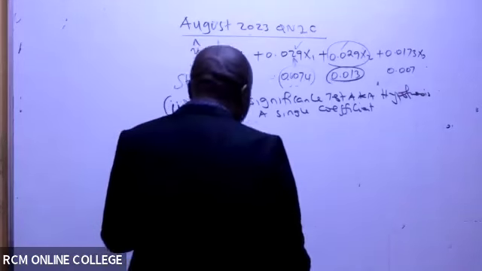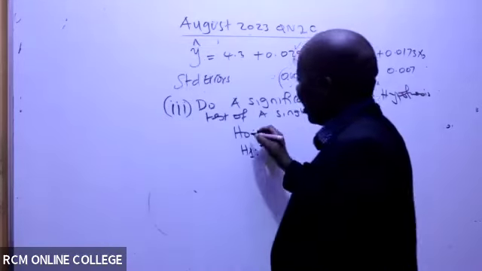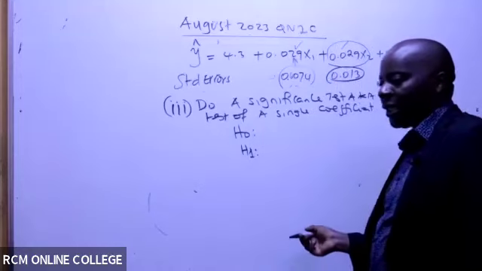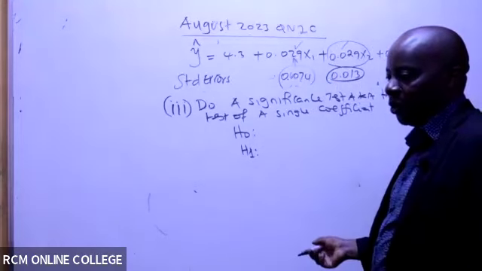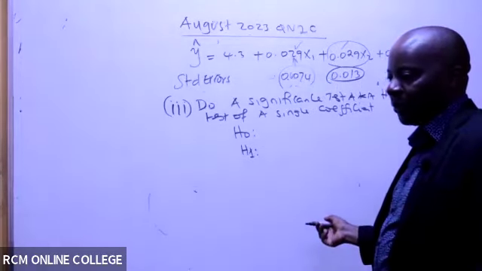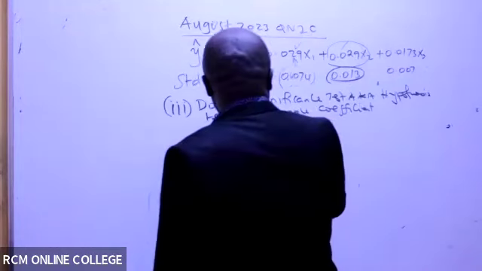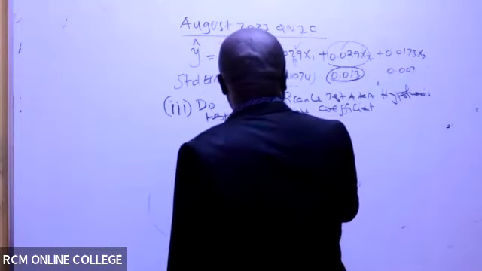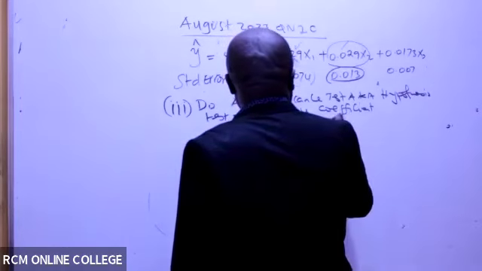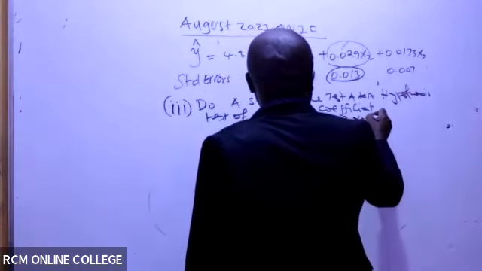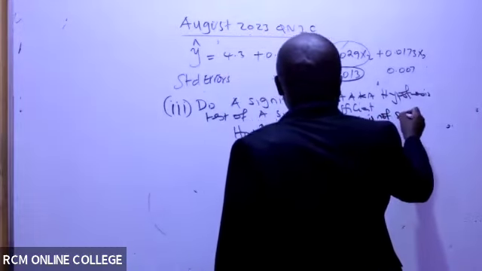Of course, H0, we call this the null hypothesis. Null means not good. In the null hypothesis, we are saying that the coefficient of X3 is not significant.